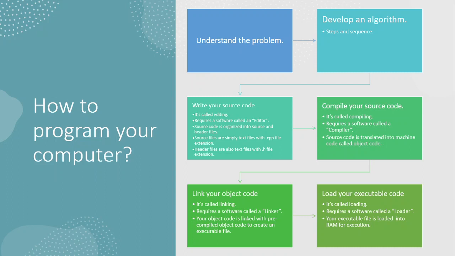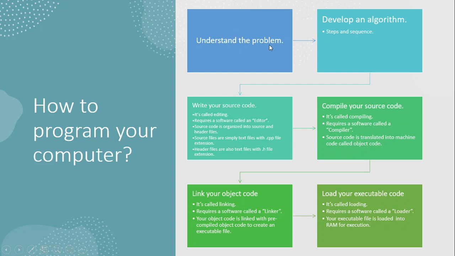So these are the steps through which we can program our computer and through which we can solve the problem. Once the code is up and running, we can see whether it solves the problem or not. If it doesn't, then we need to repeat these steps.